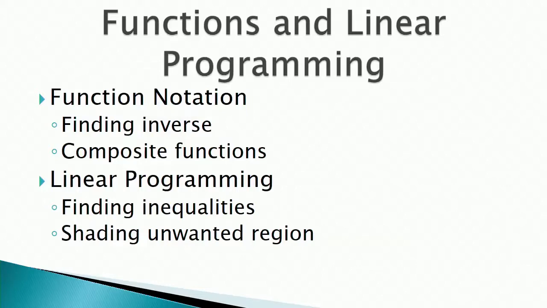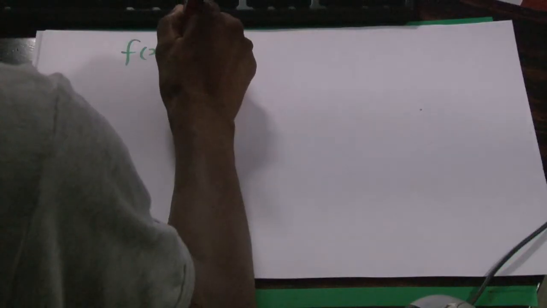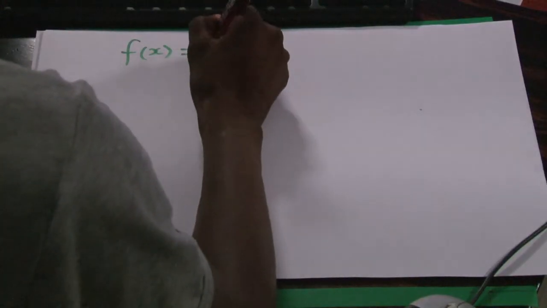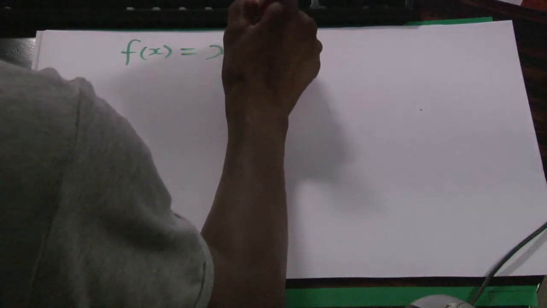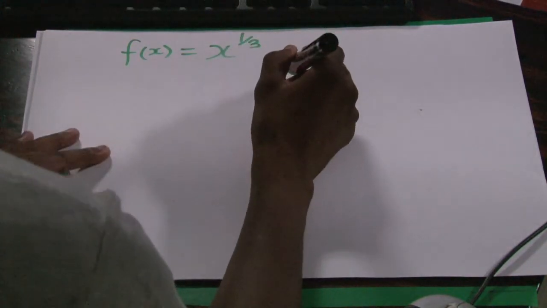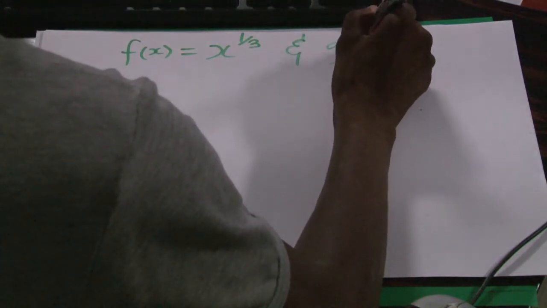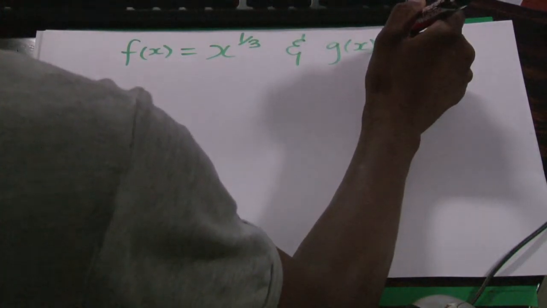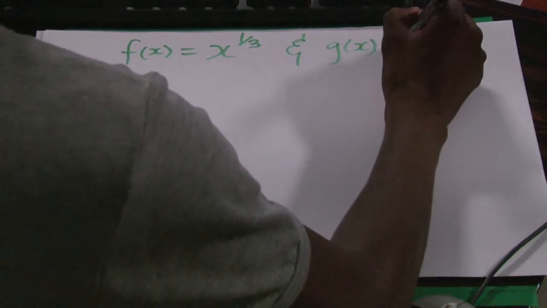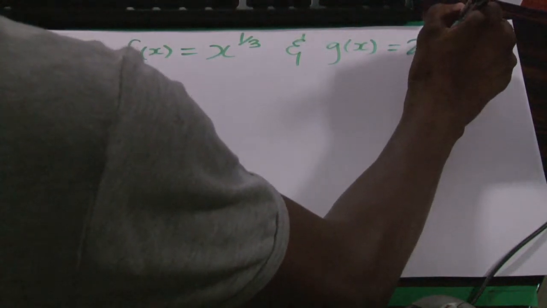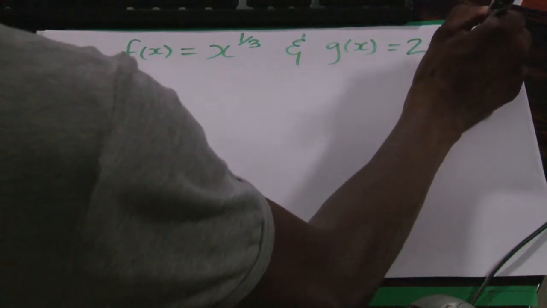When we have f of x equals x to the power of 1 over 3 and g of x equals 2x squared minus 5.